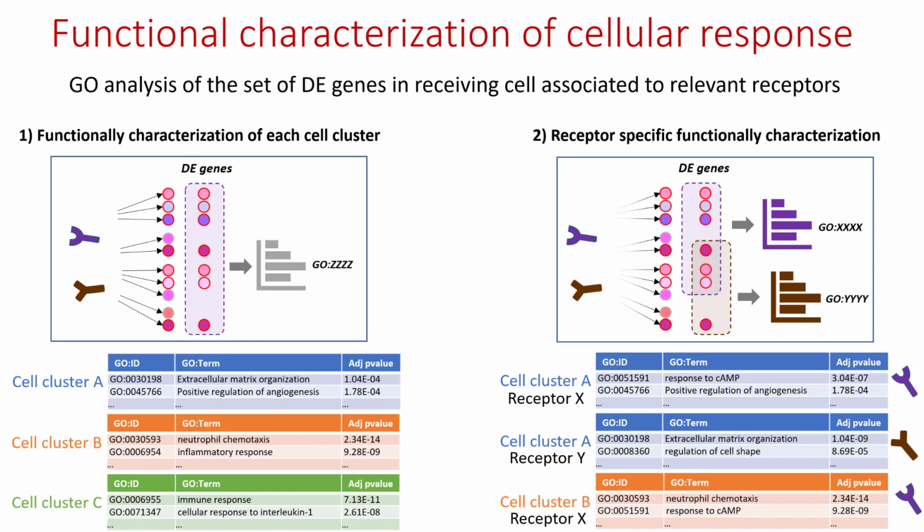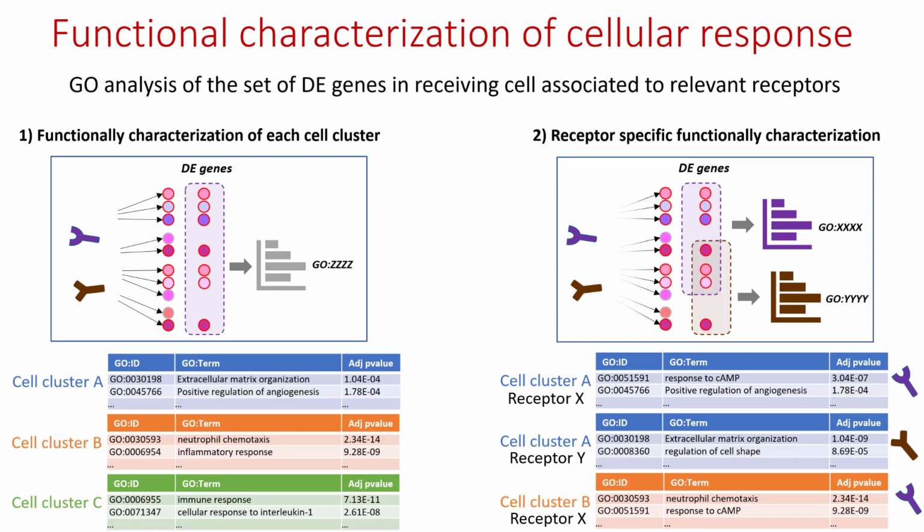Last, once the user has identified the most relevant receptor looking at the intercellular and intracellular signaling evidence, we provide a functional characterization of the effect of detected cellular communication through a gene ontology enrichment analysis performed on downstream differentially expressed genes.